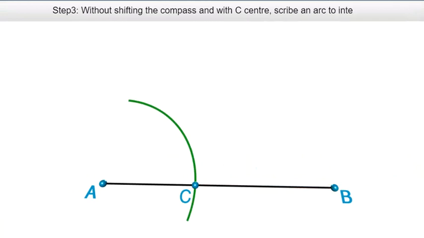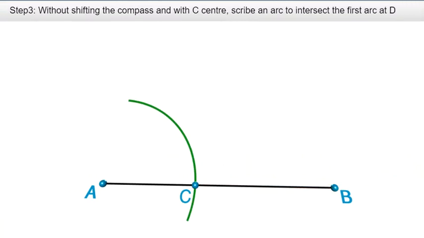Step 3 says, without shifting the compass and with C as center, I'm going to scribe an arc to intersect the first arc at D. Without shifting the compass means that the initial radius, which gave me AC, must not change. The distance between the metal tip and the pencil point must not change.